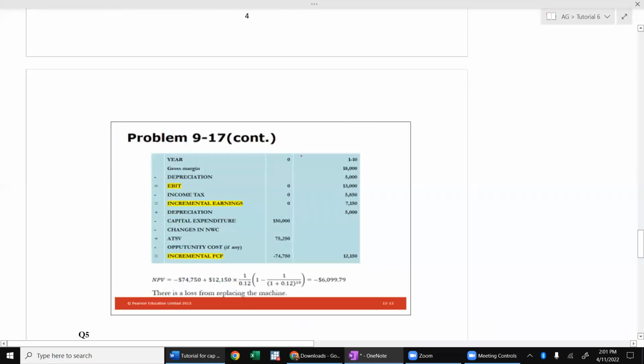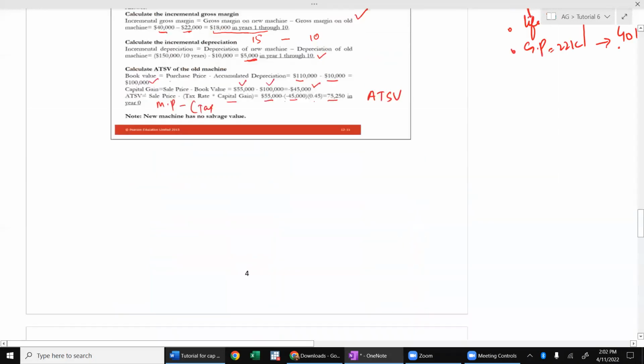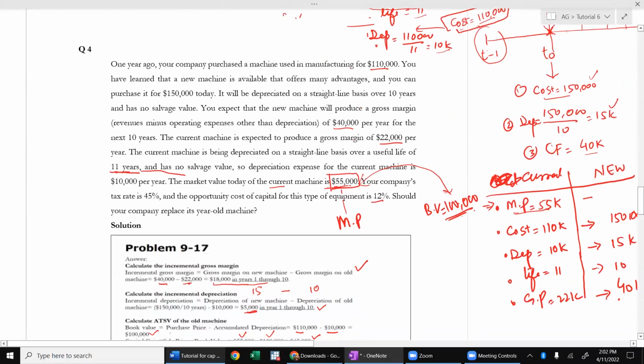So starting from 0 to year 10, 1 to 10, because incremental cash flows are 40,000 minus 22, so 18,000. Okay, depreciation was equal to 15K minus 10K, 5,000. EBIT will be the difference of these two. Okay, income tax, since it's positive, we are going to pay tax. So what was the tax rate given? That was 45%.